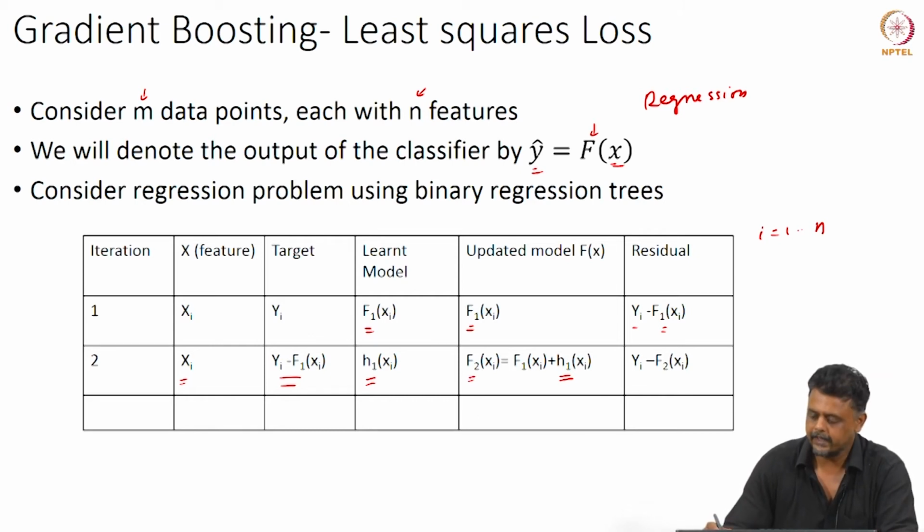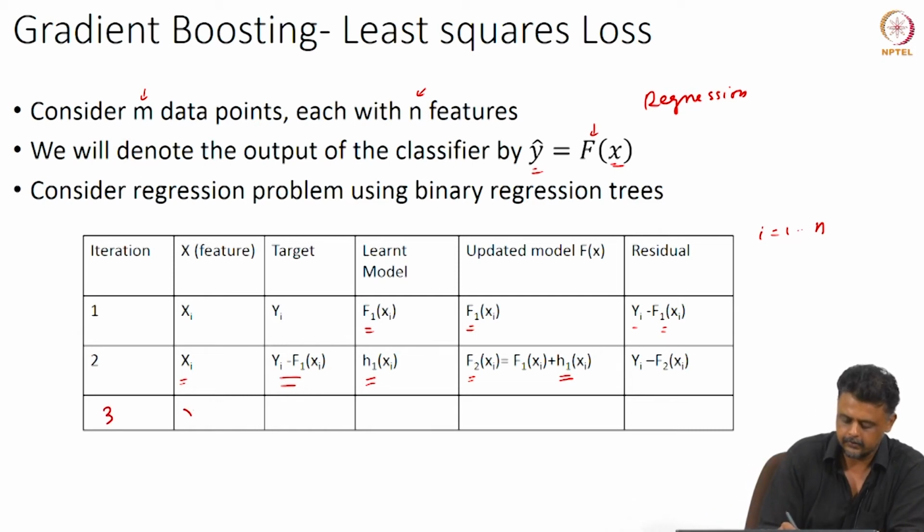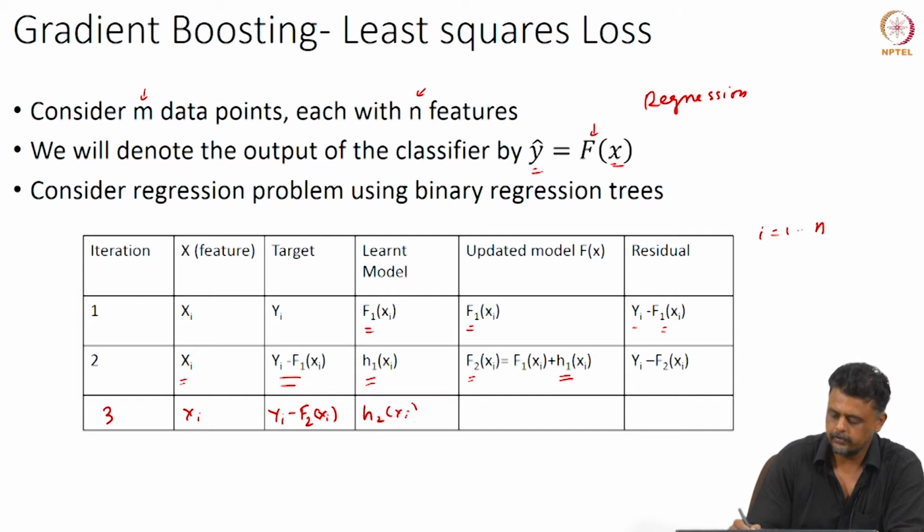Then we once again calculate the residual. You can see how this goes. In the third iteration we once again consider the input features xi, fit the residual to get a model h2, and then update our model.